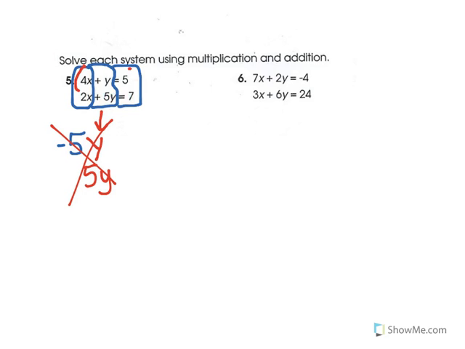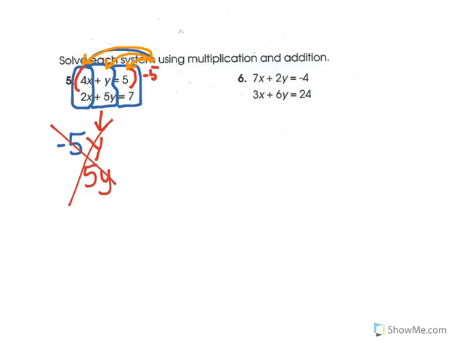you have to multiply the whole equation by -5. That means that we're going to multiply each term by -5. So we're going to multiply 4x by -5, y by -5, and 5 by -5.